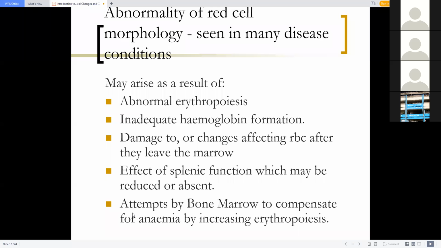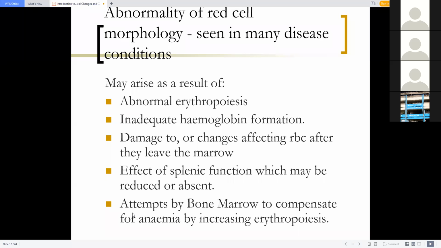Sometimes, if the cells get stressed while circulating through the spleen, part of the membrane may be removed. I'm just giving examples. Then you get cell sphering, where the cell becomes a sphere, and that's a poikilocyte change, right? So splenic function may give morphological changes to the red cell.